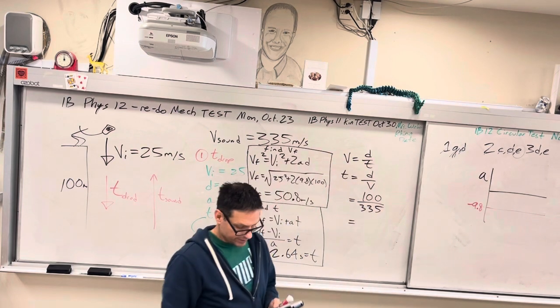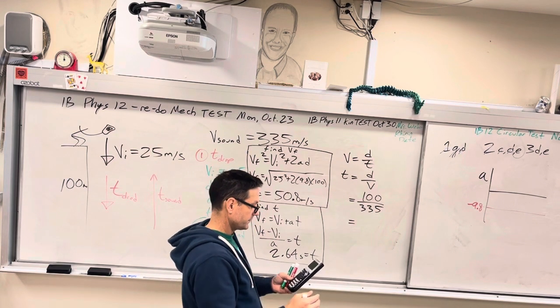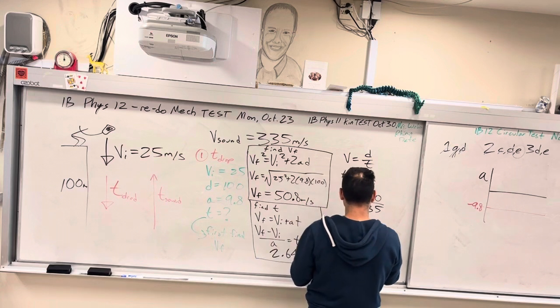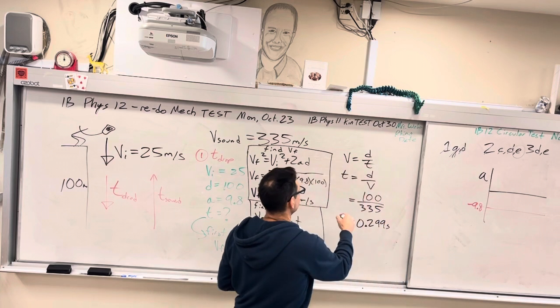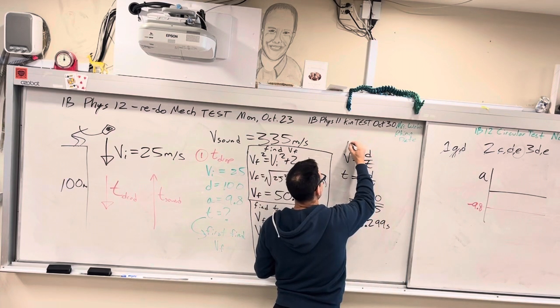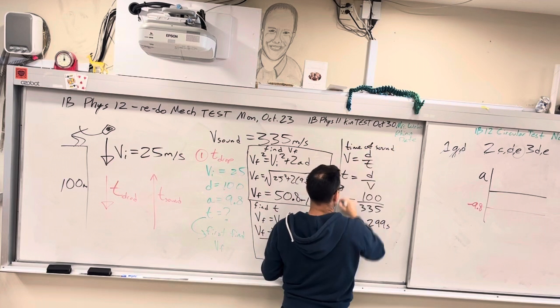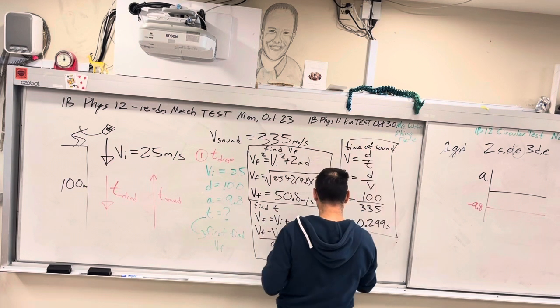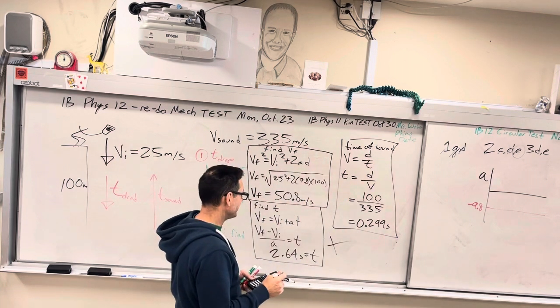And that's going to be 0.3, I'll say 0.299 seconds. And so if you add them together, this is the time of the sound. And then you add this and this together, and it's going to be about 2.94.